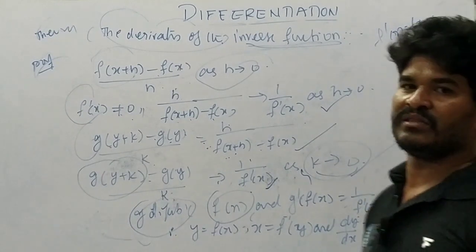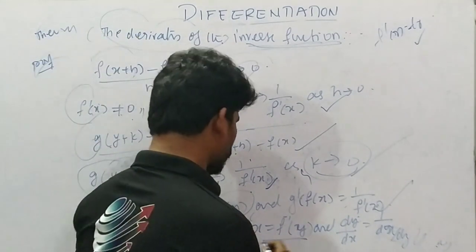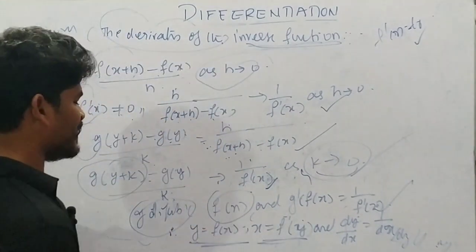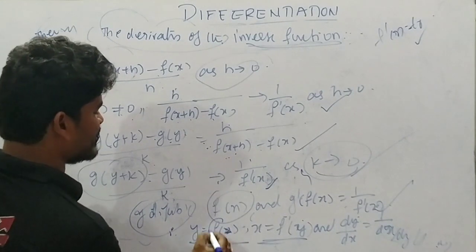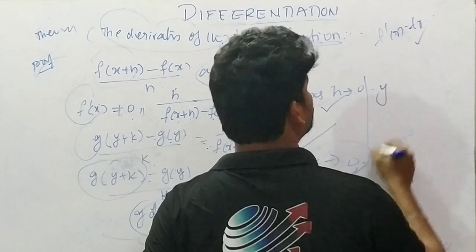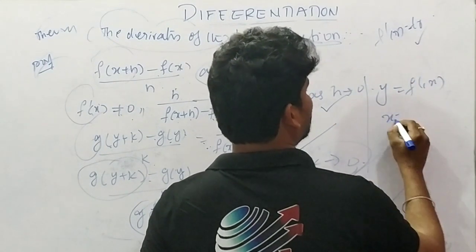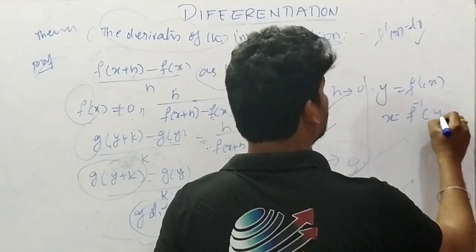This is a condition. Therefore y equals f of x, and x equals f inverse of y. Why? Because x equals this function, transposing that side, we get y equals f of x. Therefore x equals f inverse of y.